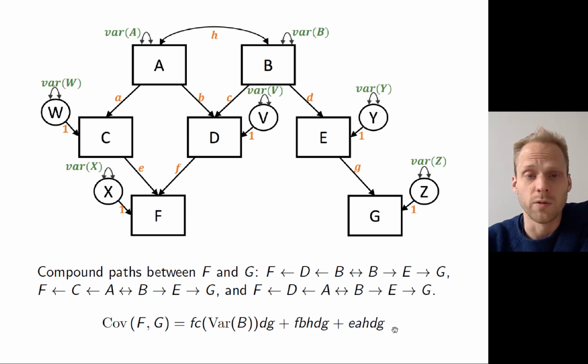This would actually be really complicated to do in covariance algebra, but now it's pretty easy. It's a nice way to simply look at the path diagram and think about what it implies in terms of variances and covariances.